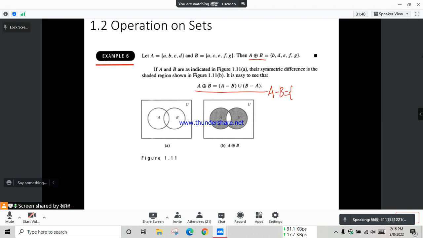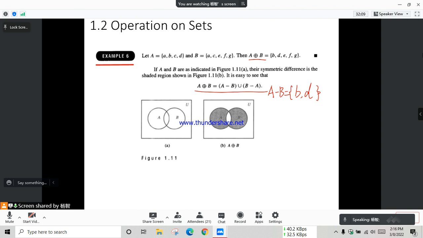Everyone pay attention to this page and give me the answer. What's the result of A minus B? We have B and D. Okay, only these two elements. This is A minus B.